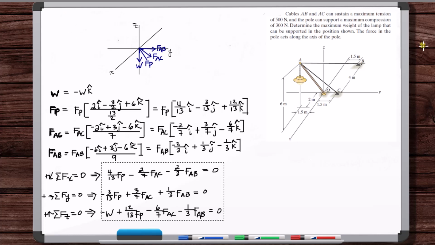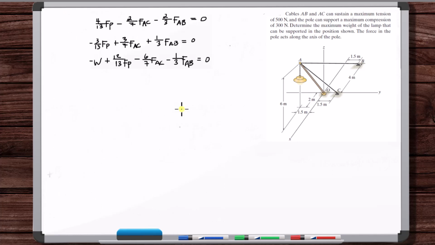You might be tempted to say, well, let's input FAC is equal to 500, FAB is equal to 500, and FP is equal to 300, and then solve for W. That wouldn't give you an accurate answer, because if the force in the pole is 300 newtons, that doesn't necessarily mean that the tension in AC and AB are both 500 newtons, right?